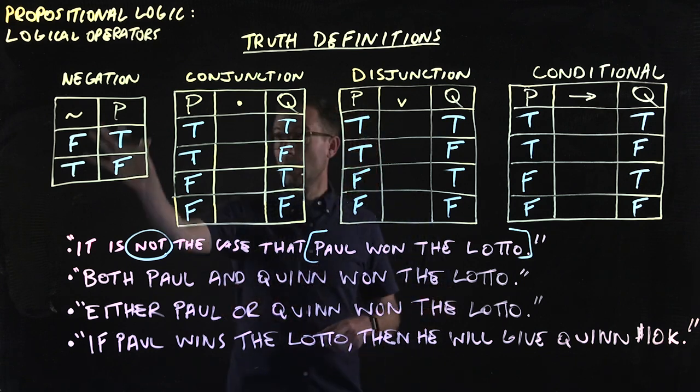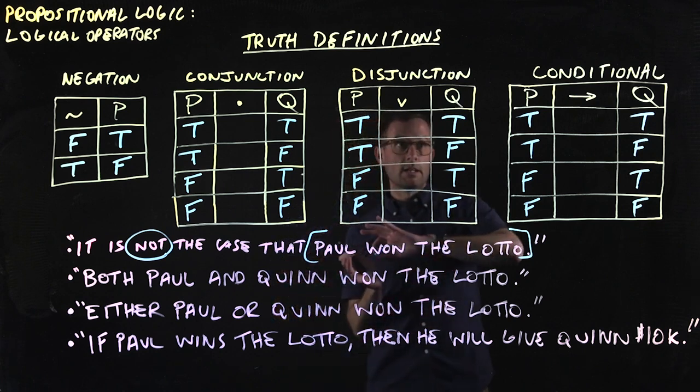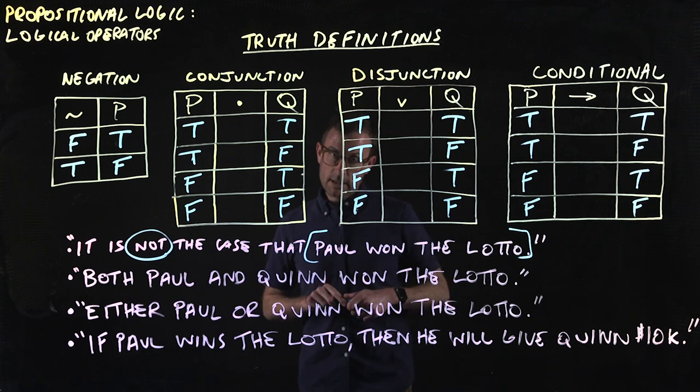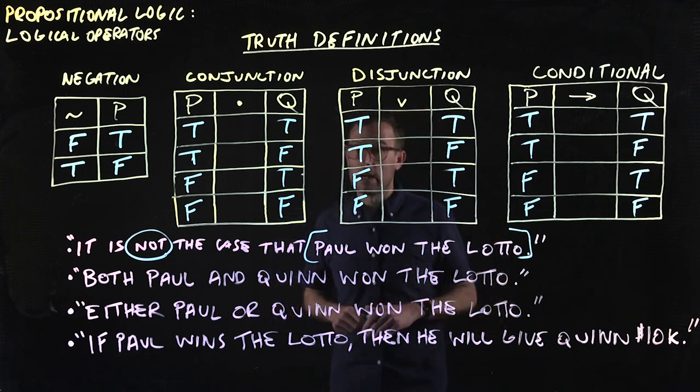So pretty simple how negation works. Now the latter three of our operators can be a little more complex in how they work, but I think it's pretty straightforward enough if we get the rule down, the definition down.